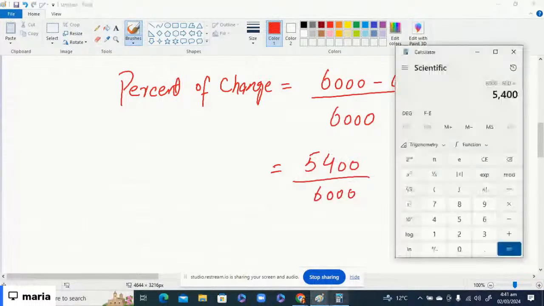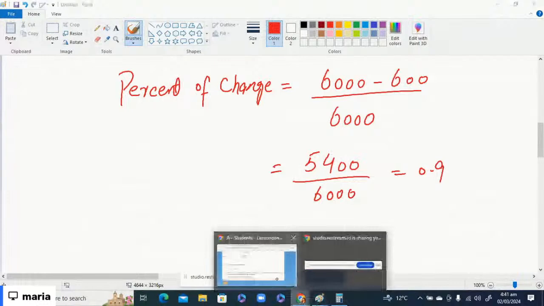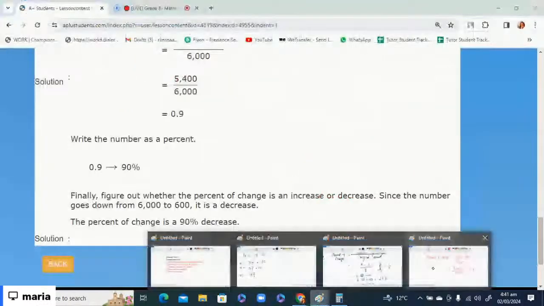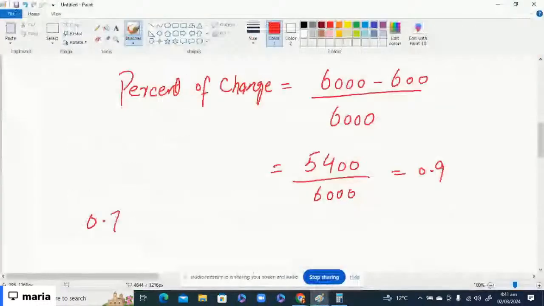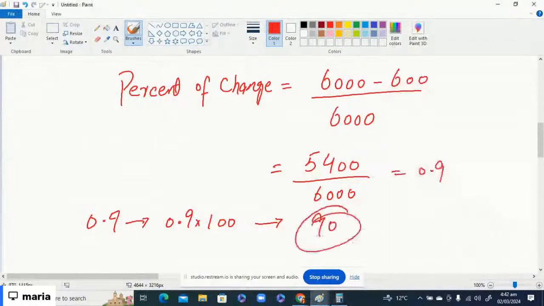Okay, let's divide. This is 0.9. Now if you want to convert this 0.9, it should be 0.9 times 100. So what is the answer of 0.9 times 100? This would be 90.